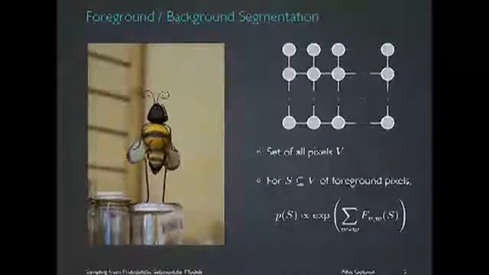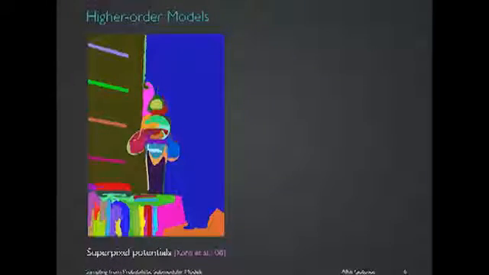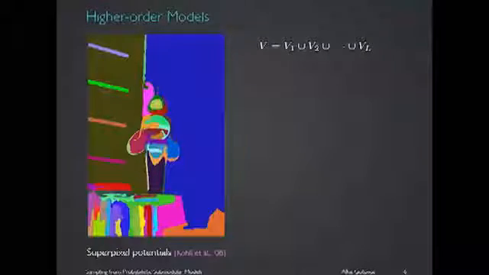Now, what is interesting to look at is whether you can use some richer information of the image rather than these pairwise potentials to get better results. One such example of what are called higher order models comes from using superpixels.